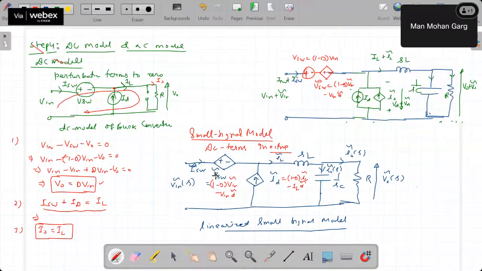Well, so now with the help of this small signal model or this linearized model, we can obtain all these transfer functions. So how to do that? Let us see.